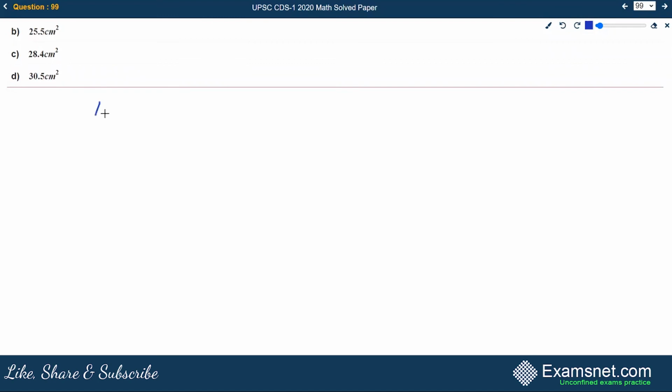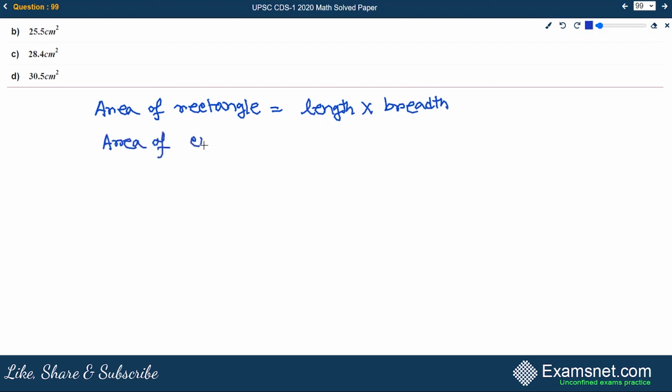One is the area of a rectangle, that is length into breadth. Another one is the area of a circle, which is pi r square, where r is the radius of that circle.